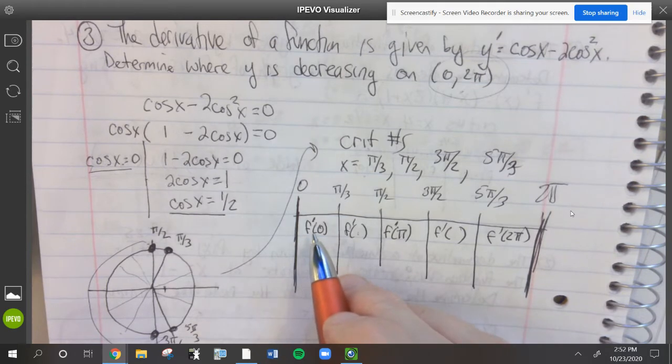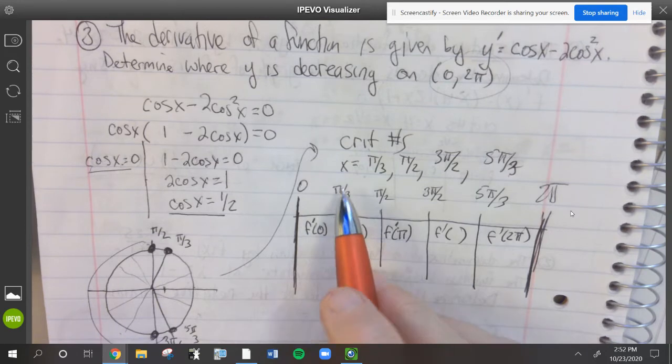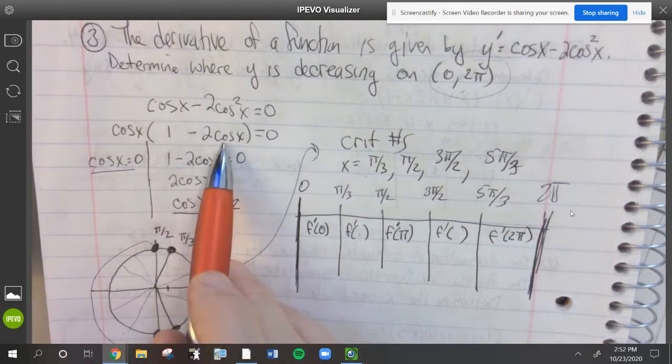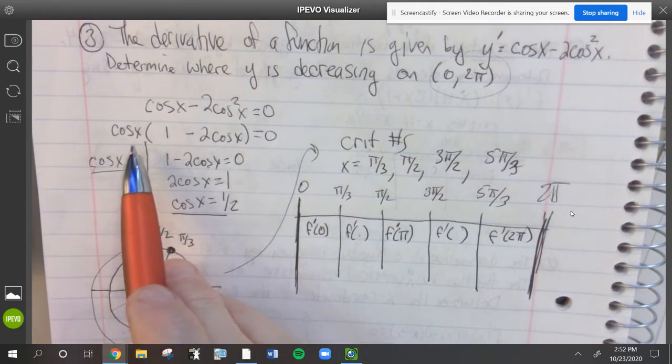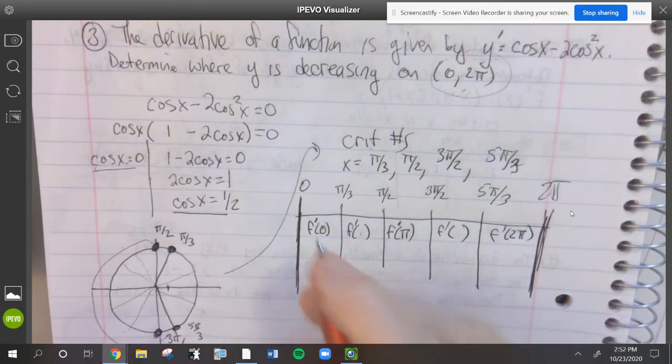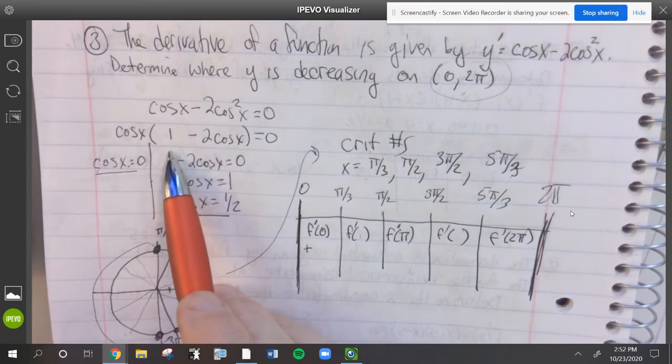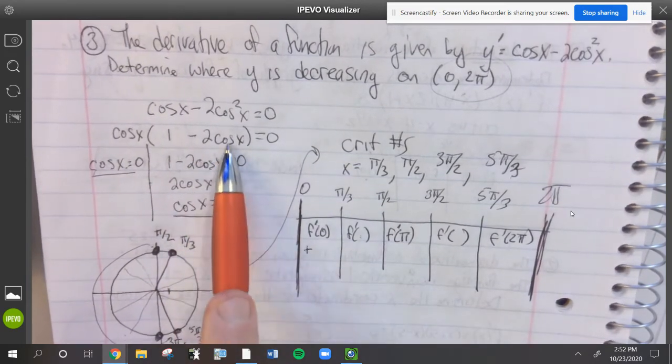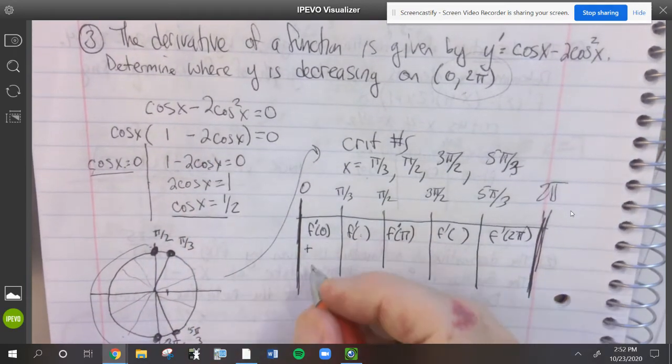Let's start with f prime of 0. If you plug 0 into the derivative, and I'm going to use the factor form, you get cosine of 0, which is 1, so it's positive, times 1 minus 2, which is negative.